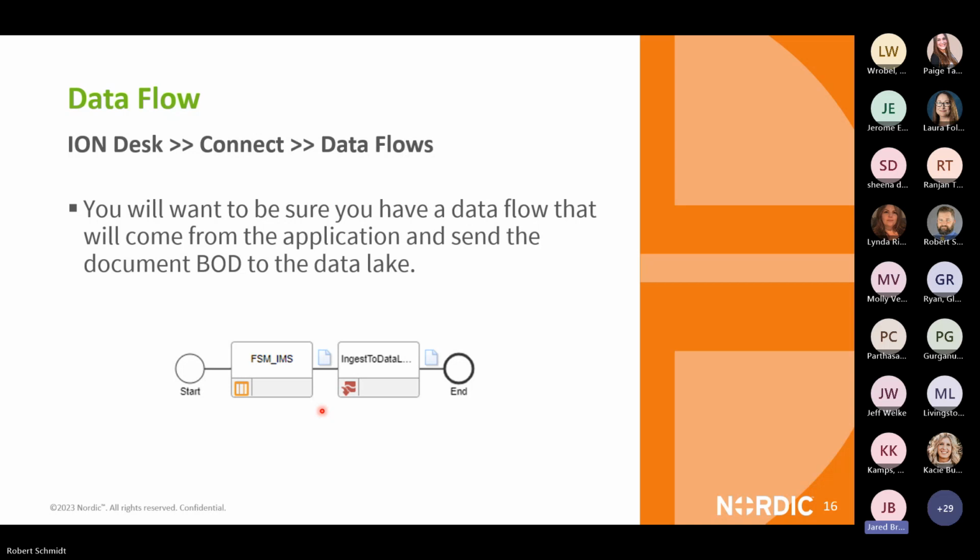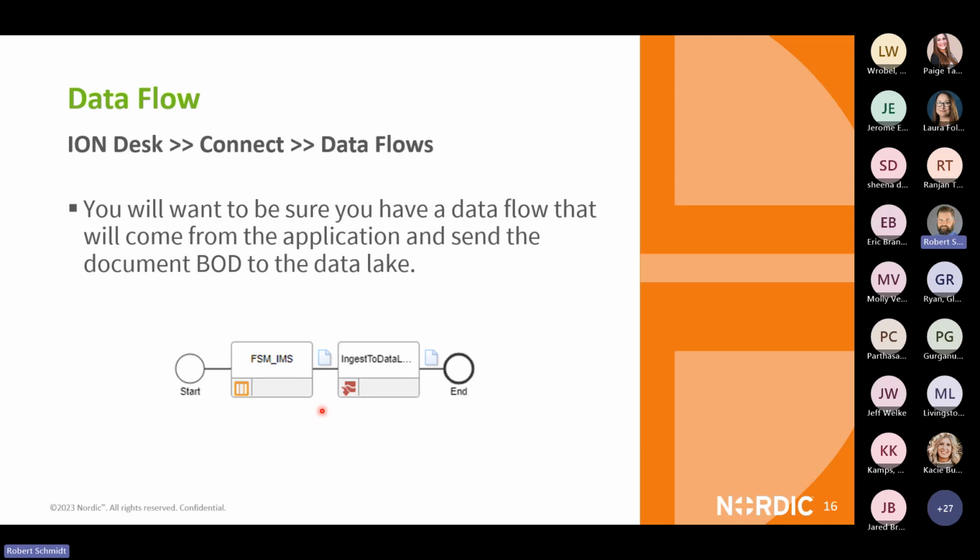So we're borrowing a really small piece of the Ion technology to move these BODs to where they need to go for our specific use case. Just keep in the back of your head that Ion has all kinds of other stuff beyond the pieces we've looked at here. These pieces aren't specific to the data lake or the replication sets. They're just features that we are using for the data lake and replication sets.